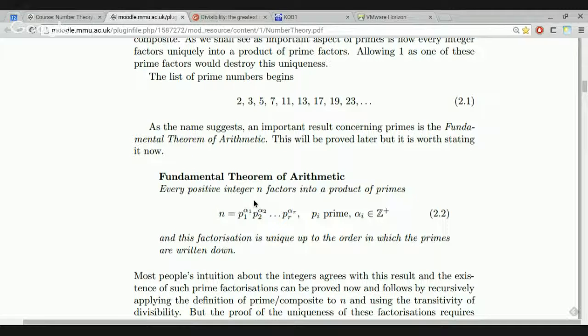We're going to prove that in chapter 3. But we can actually prove half of it. We can prove the existence of the factorizations already, just using a simple argument based on divisibility.